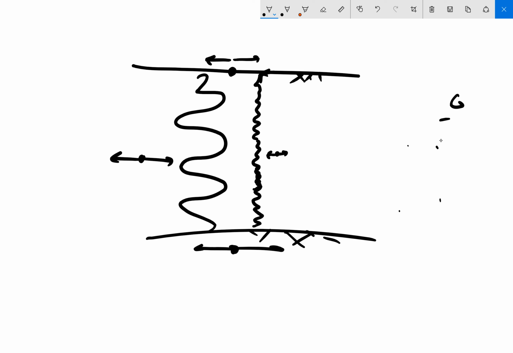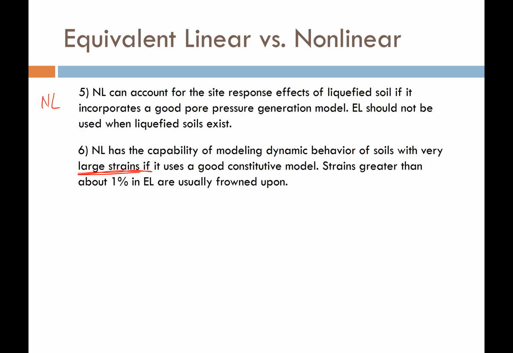So in my personal opinion, and I know in the opinion of many other engineers, if you get strains that are larger than about 1% in equivalent linear for any layer, don't trust the solution. Just don't trust it. The strains are too large. I see a lot of people run equivalent linear, and you look at their shear strain plots and they have shear strains in the soil of like 3, 4, 5, 6, 10%.